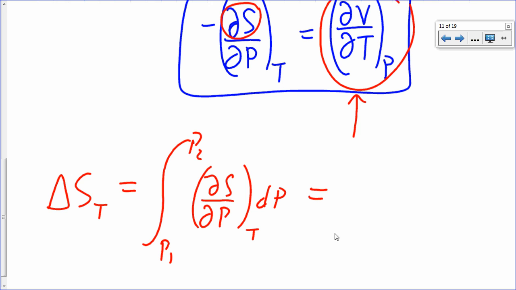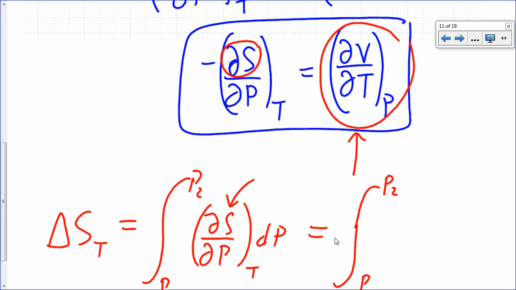But I don't like that derivative. I don't like that S. I'll replace it with this derivative over here from P1 to P2. So what's partial of S with respect to P at constant T according to our Maxwell relation? It's just negative of the partial of V with respect to temperature at constant pressure dP.